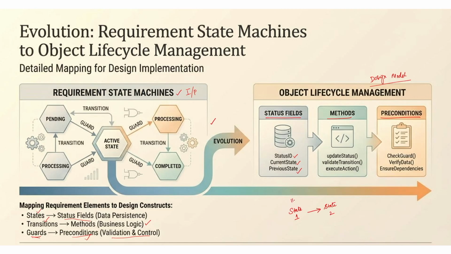We will name this as ID 1 and ID 2. When you have a status field, this will be ID 2, current state is state 2 and the previous state is state 1. Upon a condition or upon an input, you move from state 1 to state 2.